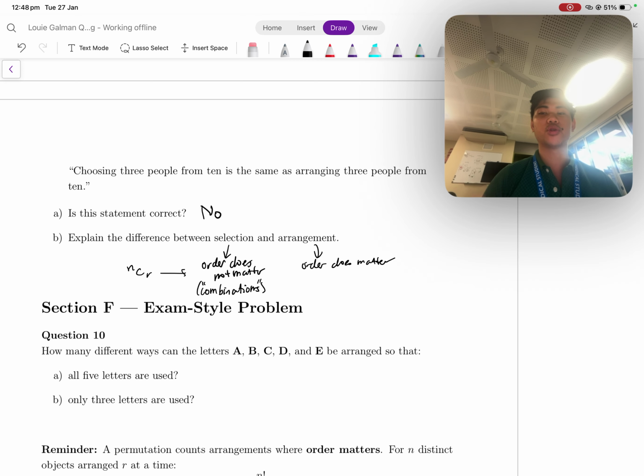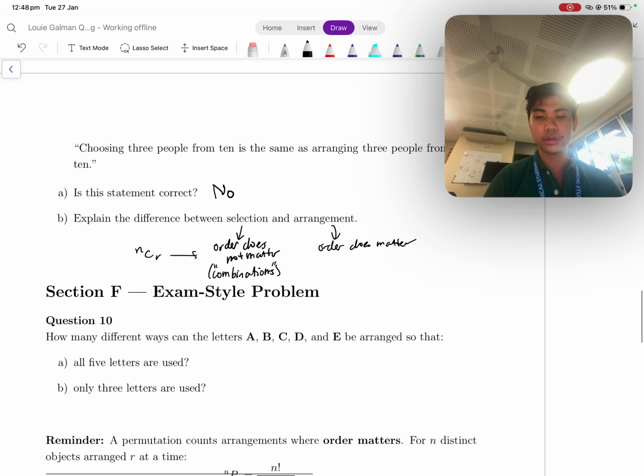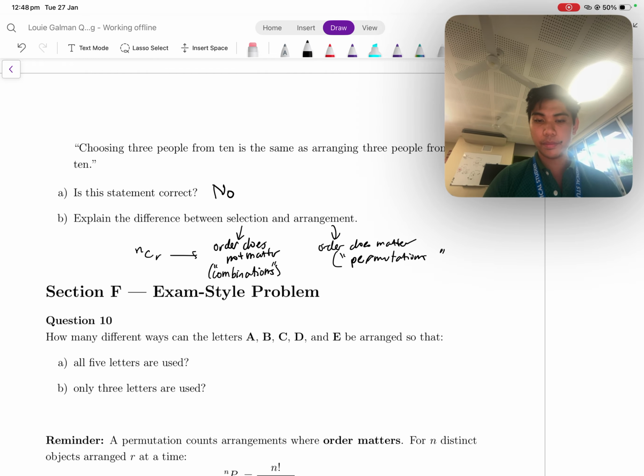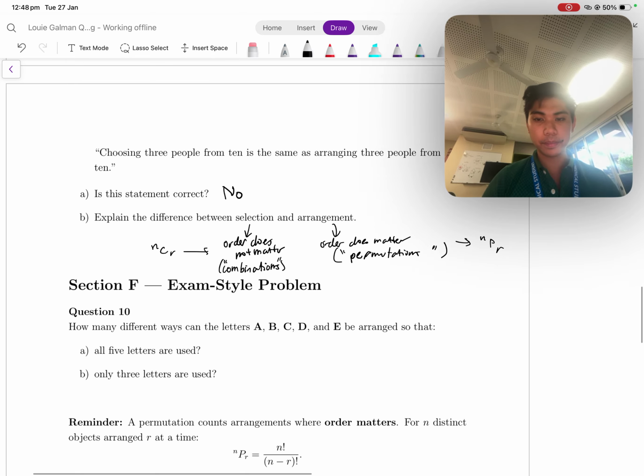However, arrangement is where order does matter, and so we would have more outcomes there. The technical word there is permutations, and we use nPr for that.